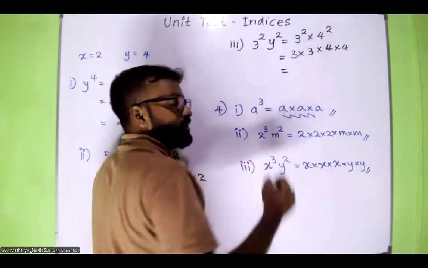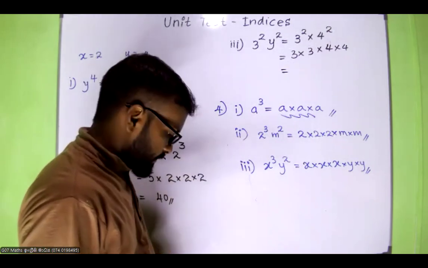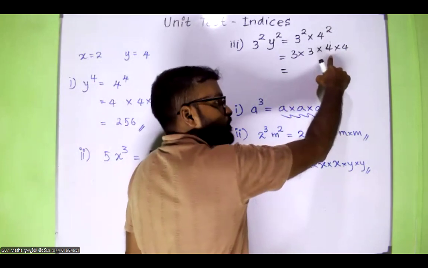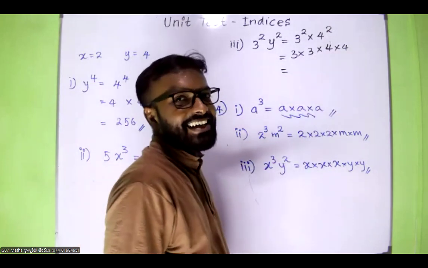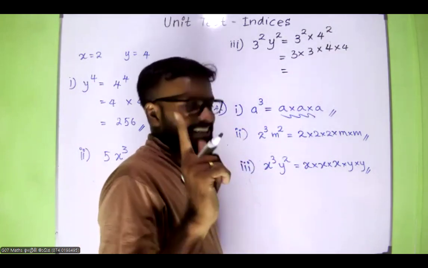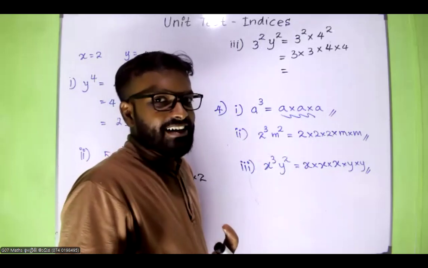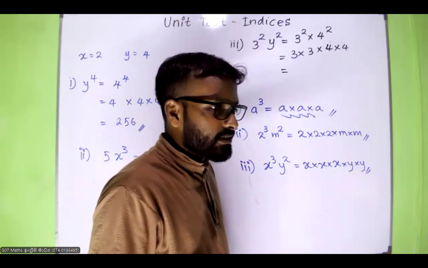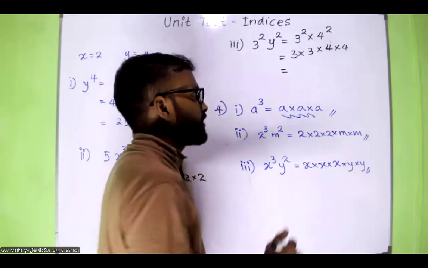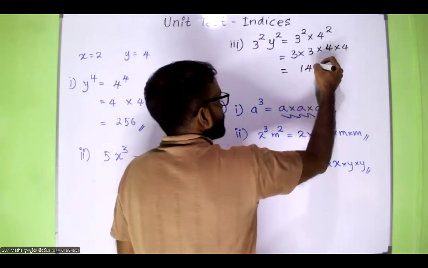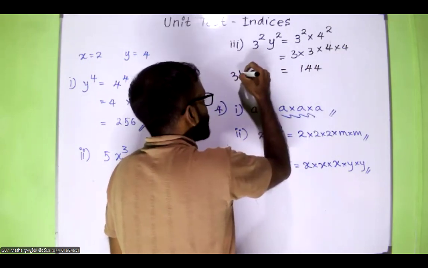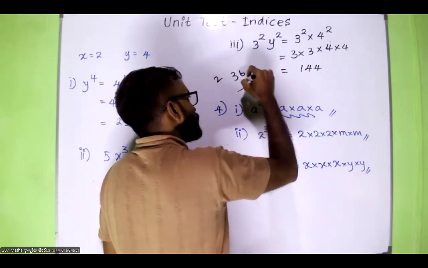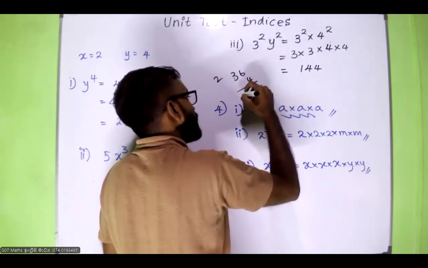Chirag, can you simplify? 3 times 3, 9. 9 times 4 is 36. 36 times 4 is 144. Here, 36 times 4? 144. Okay, let's see. 36 times 4. Superb. 4 times 6, 24. 4 times 3, 12. Superb.